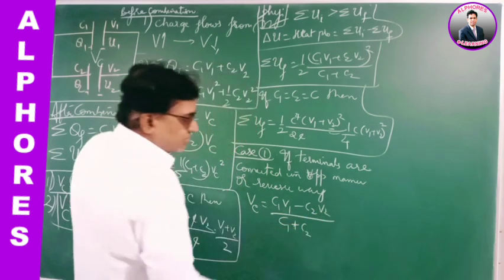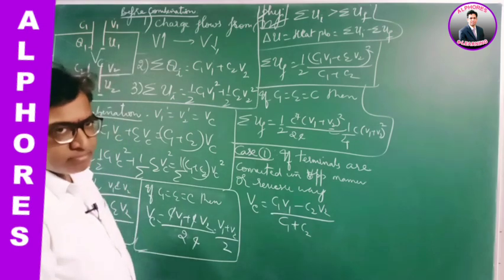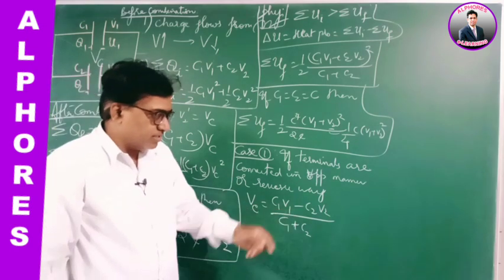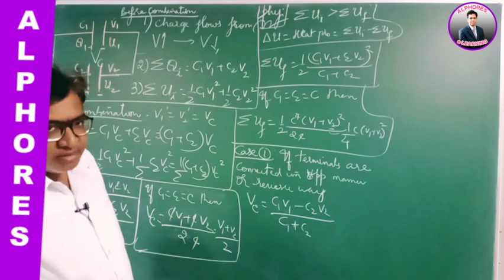Don't write minus in the denominator, it is C1 + C2. Right, (C1 V1 minus C2 V2) by (C1 + C2).